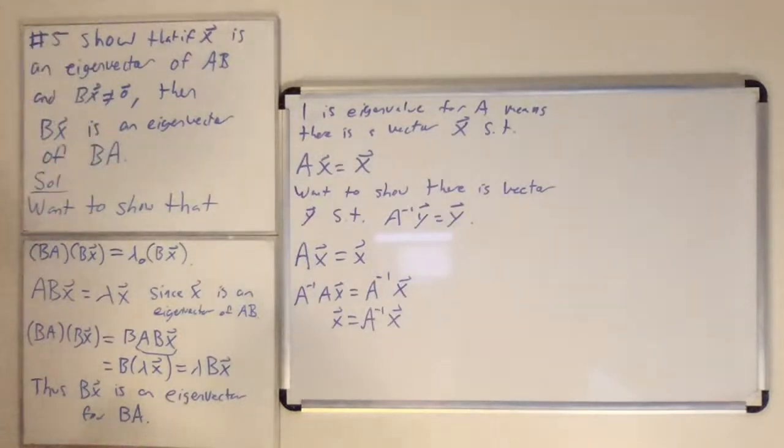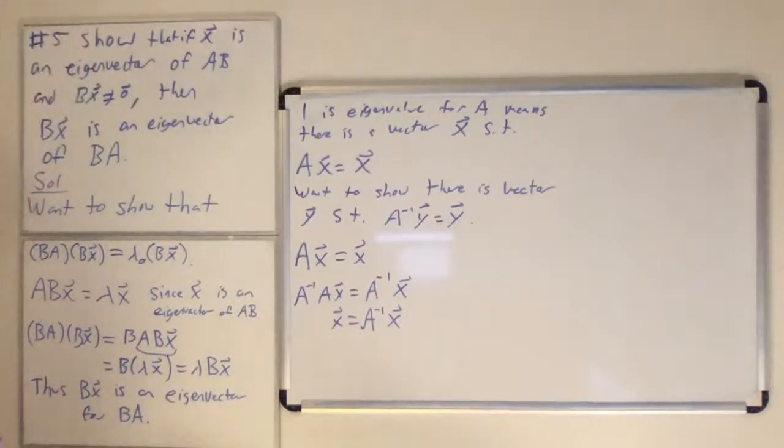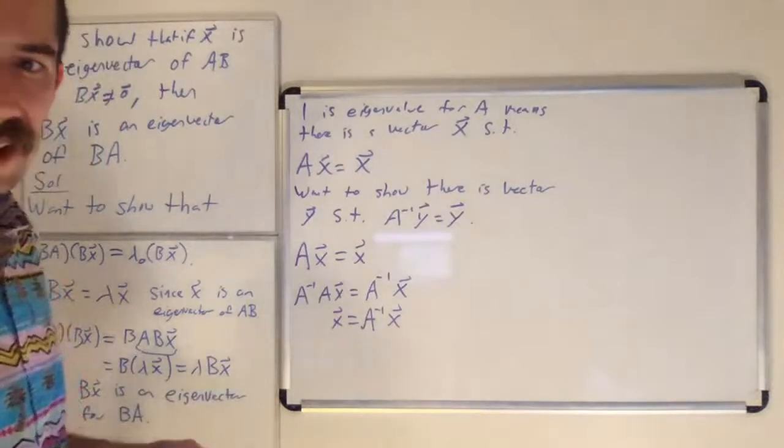Okay, the ones that I have that are false and I provide a counterexample, those are kind of tough to explain unless you just look at the counterexample. The next one says if A is row equivalent to the identity, then A is diagonalizable.